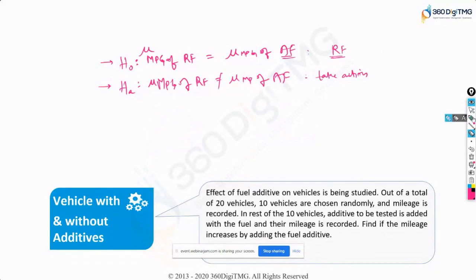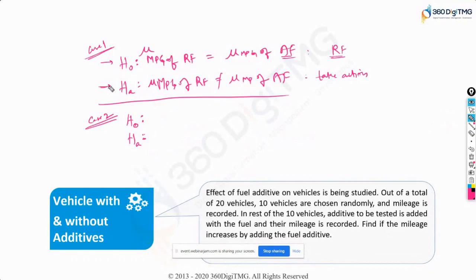If my additive fuel is more, let's say this is case 1. Always in hypothesis, remember, we first check for equality. Because if it is equal, even then you can take a decision directly, right? You don't need to go to the next level. But anyway, null hypothesis and alternative hypothesis, I'll be rewriting here.